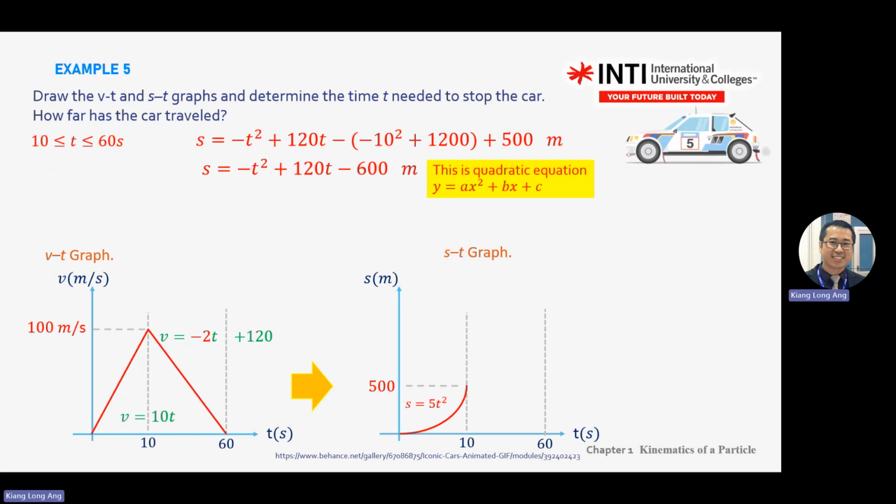So quadratic equation, A now is negative. Your negative means sad face. How do you draw sad face? This is sad, right? Center point of the face. All right, just now center face is here.